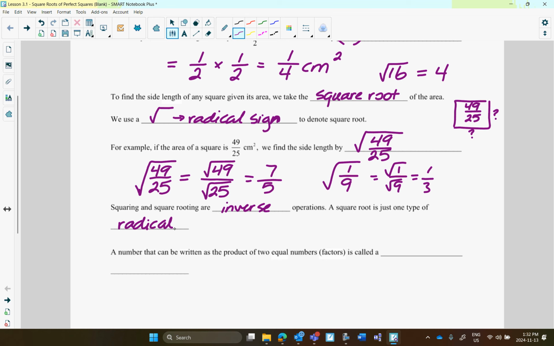But we're going to worry more about these next year. I just thought I'd show you what they look like just to start. But we're not going to focus on these this year. We're going to focus just on square roots.